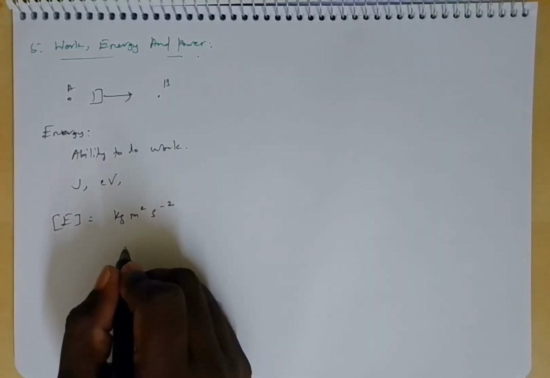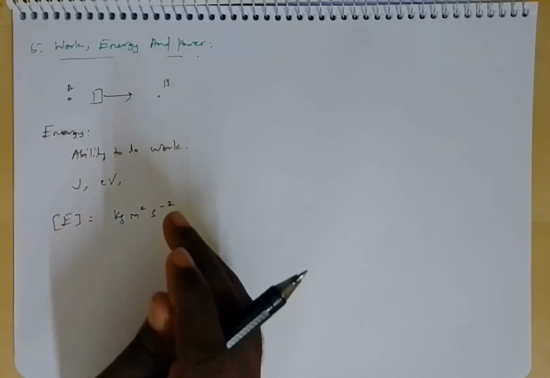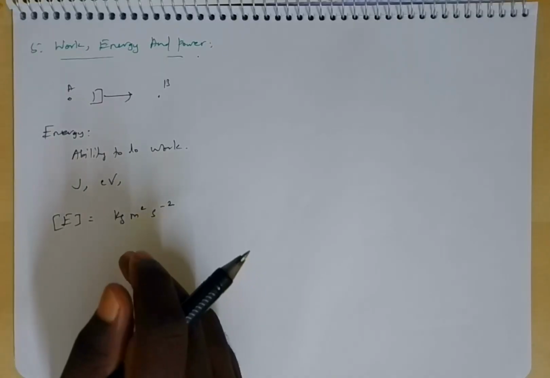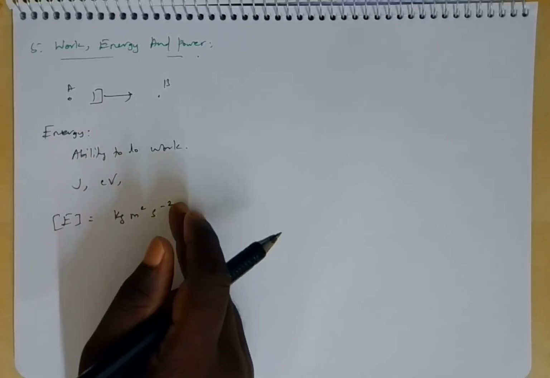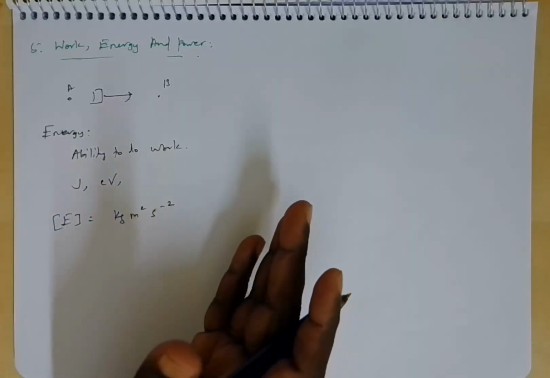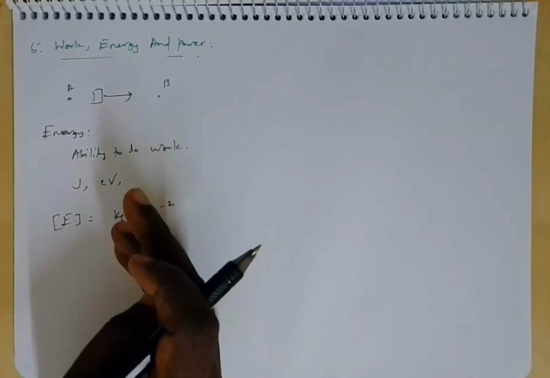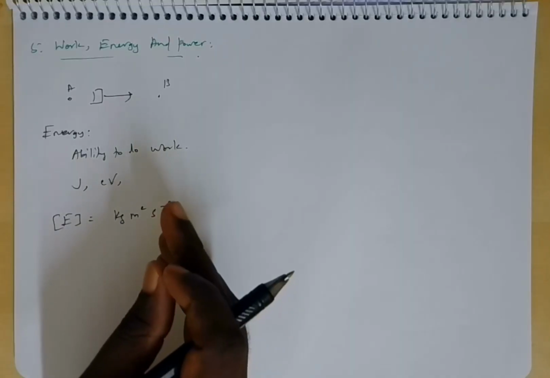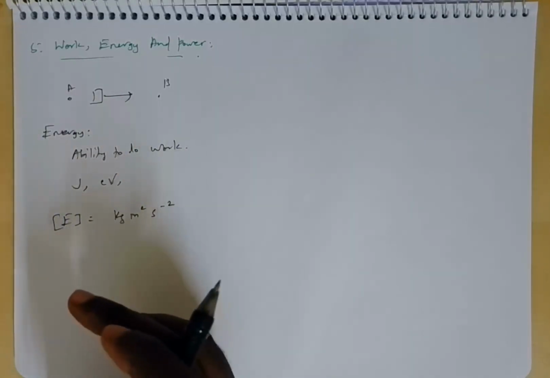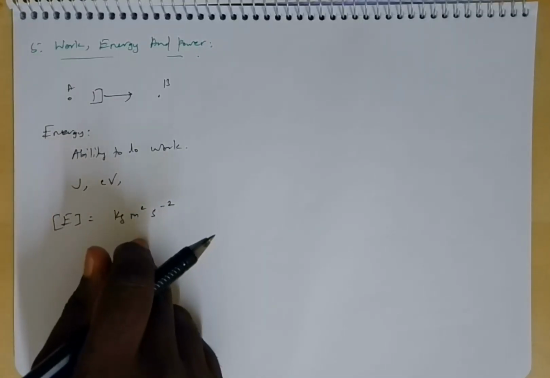Okay, so we already established, it doesn't matter what type of energy it is, it will always have these units: kilogram meter square second power minus 2. Whether it's a kinetic energy or a mechanical energy. What's the beauty is, even the energy involved in waves, which we will study a little later, also carries the same unit.